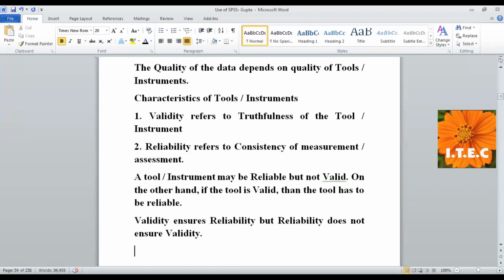And if it is reliable, it is valid also. Because if anything is valid, it has to be reliable. So if it is reliable, it is valid also. But if it is not reliable, then it is not valid. But if it is valid, then it has to be reliable.